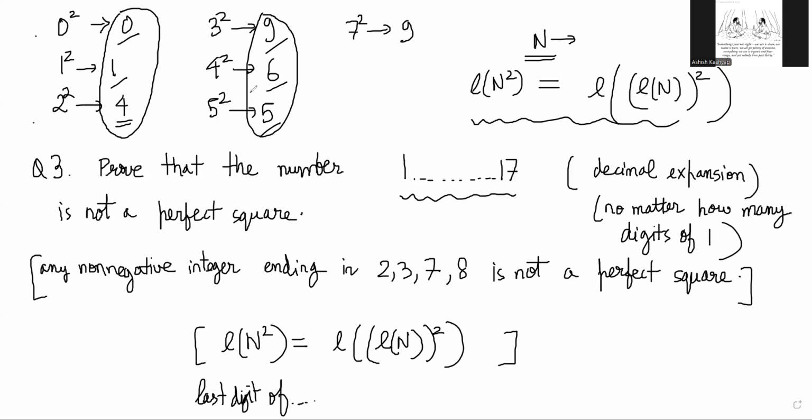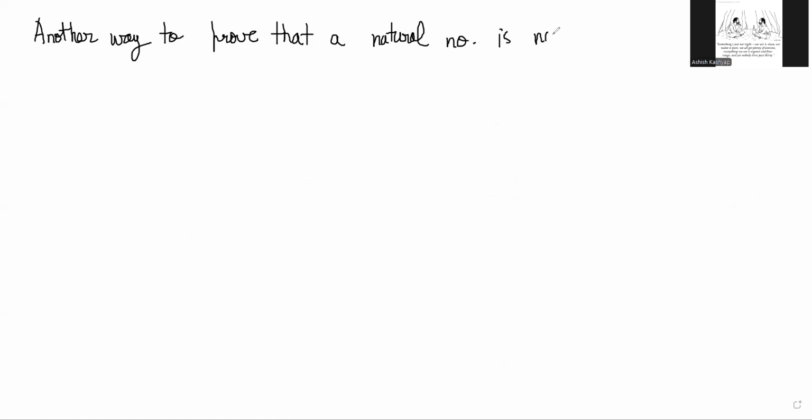What is another way to prove that a natural number is not a perfect square?